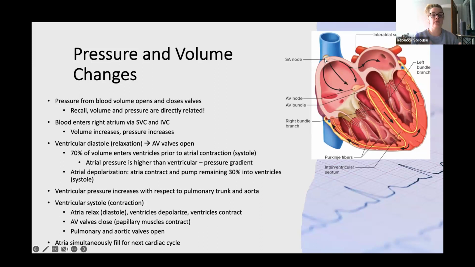Simultaneously as this valve opens, we've had depolarization of all of these cells. So the electrical activity went through that depolarization where those cells are able to conduct an action potential to contract. As that depolarization is happening, these atria are getting so full that they need to contract and push that blood through.